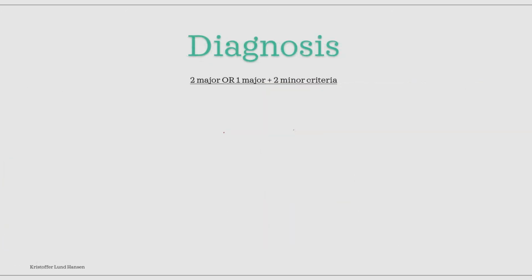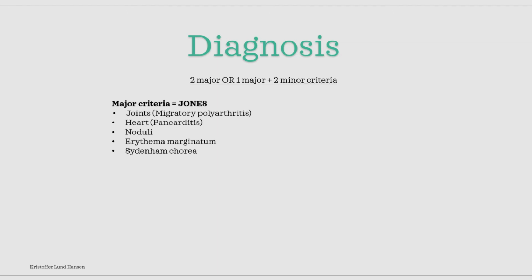For diagnosis of rheumatic fever, we base it on different criteria. We have two main bulks of criteria. We have the major and the minor criteria. To diagnose the disease, we either need two major criteria or one major plus two minor criteria. The major criteria are the same as the Jones symptoms that we just spoke about.